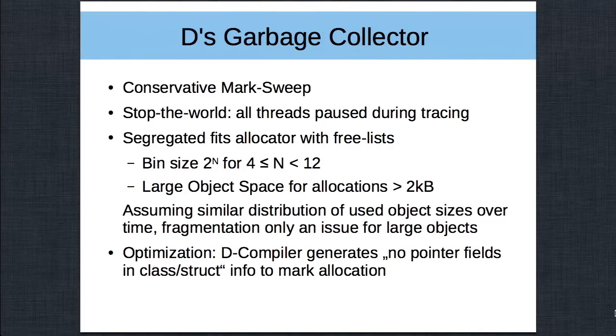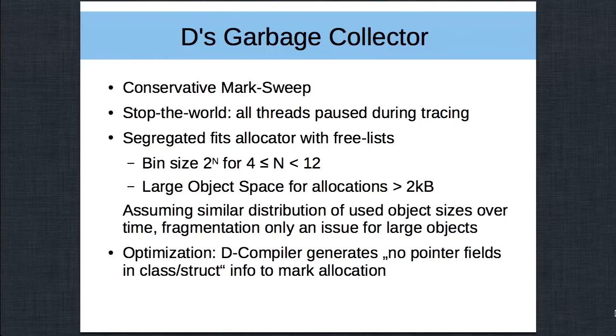So this garbage collector is actually a conservative mark and sweep. It's pretty basic conceptually, because missing type information doesn't allow almost anything else. It stops the world: all threads are paused during tracing, and it uses a segregated fits allocator.